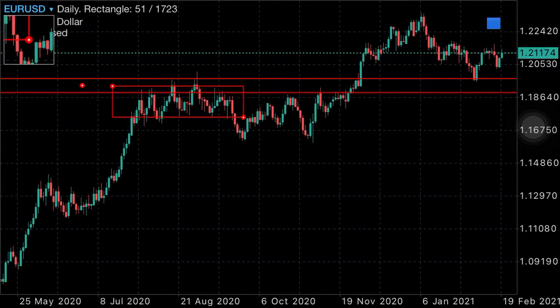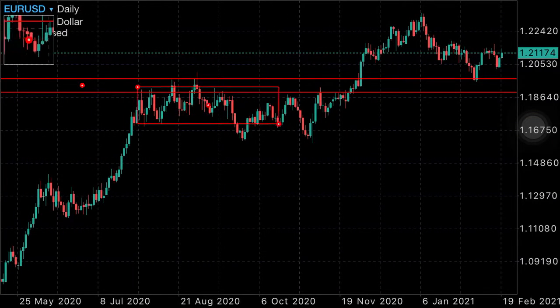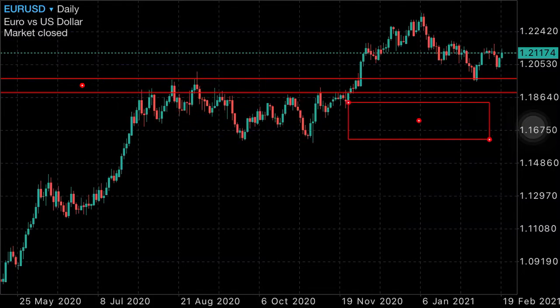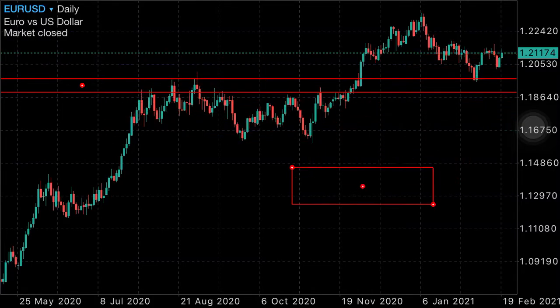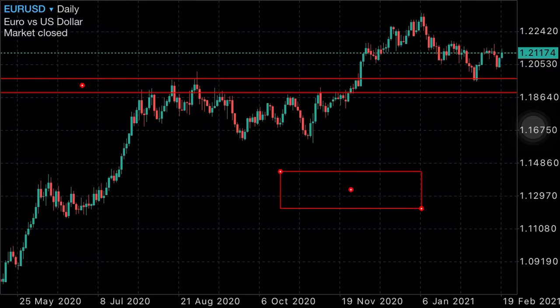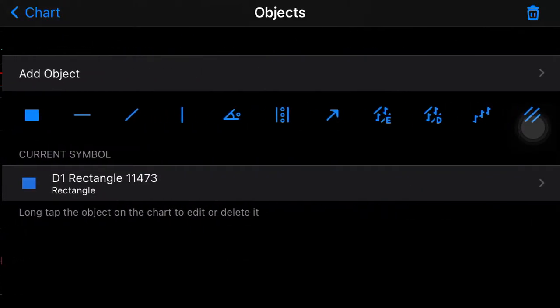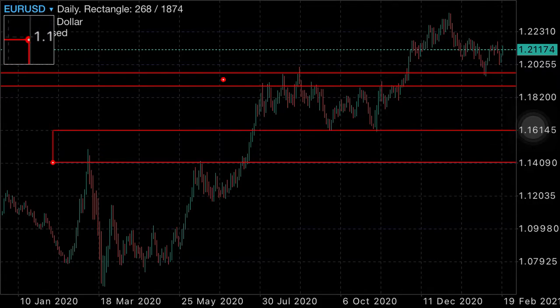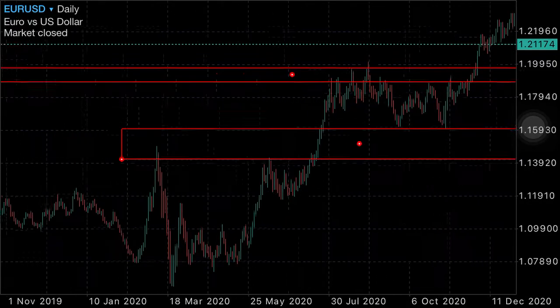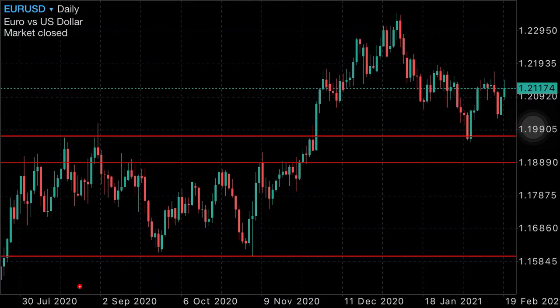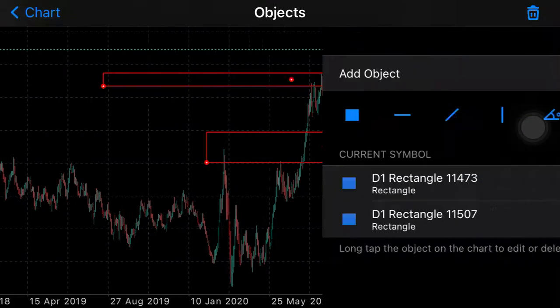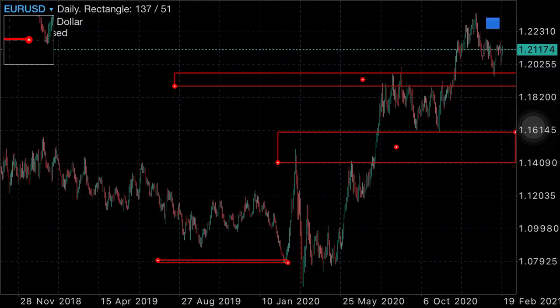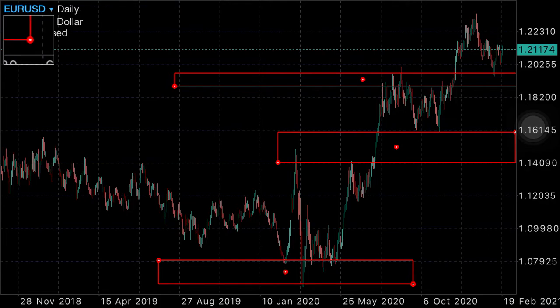Several touches here, and also a touch here. It was acting as a resistance here and now a support. This was where it actually broke through. The second significant level is this place. I've already explained this. And our major support here.